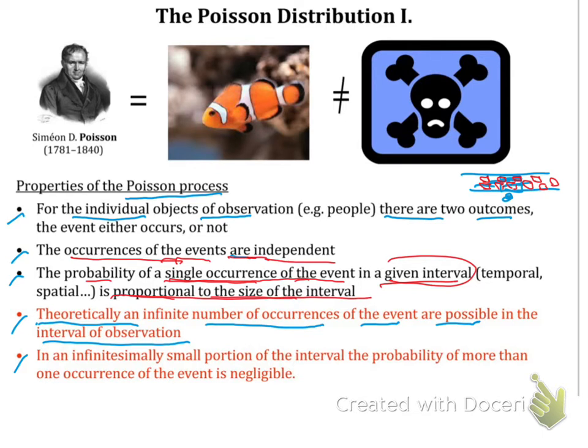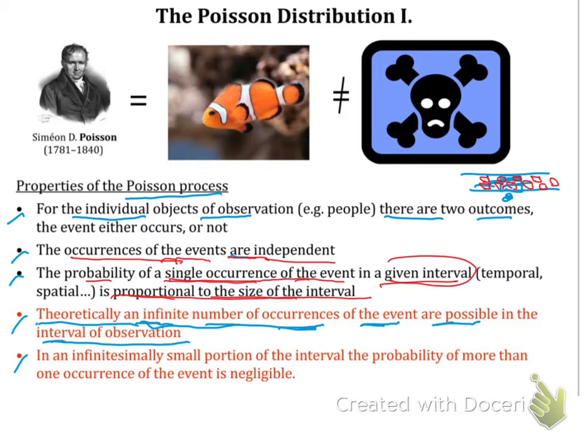The number of occurrences could even be an infinite number, okay? 1 million, 2 million, 700 million, 1 billion, 2 billion, theoretically infinite. There is nothing called infinite in reality, but theoretically it could happen because it depends on the interval, okay? Theoretically, an infinite number of occurrences of the event are possible in the interval of observation.